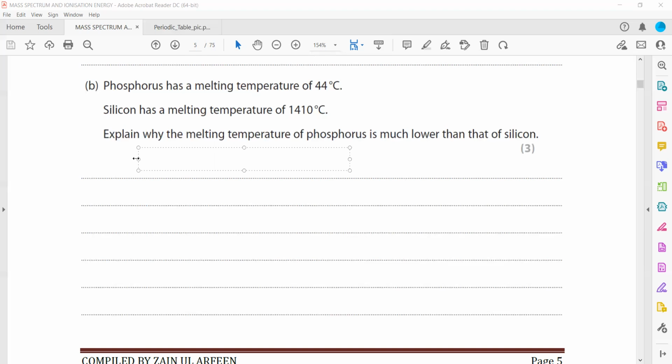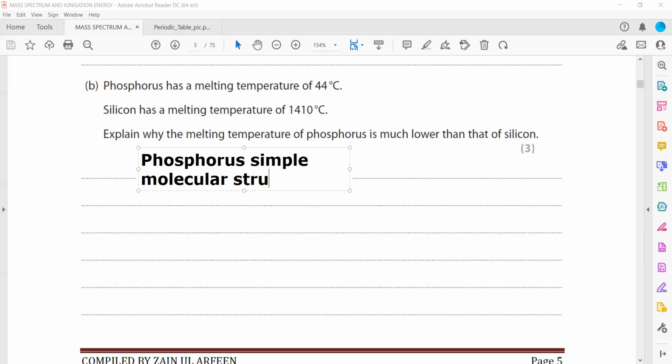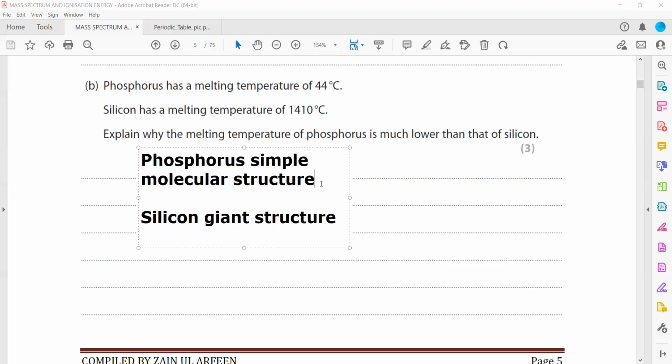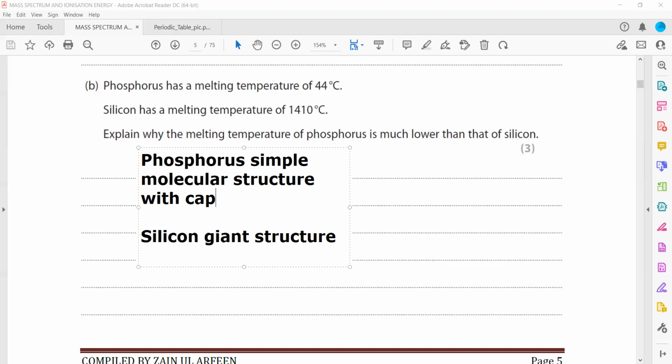So phosphorus has a simple molecular structure, whereas silicon has a giant structure. Then both have covalent bonds, because these are non-metals and non-metals have covalent bonds.